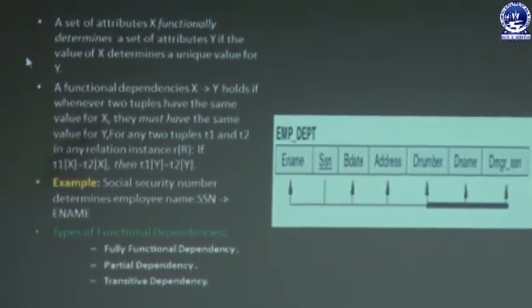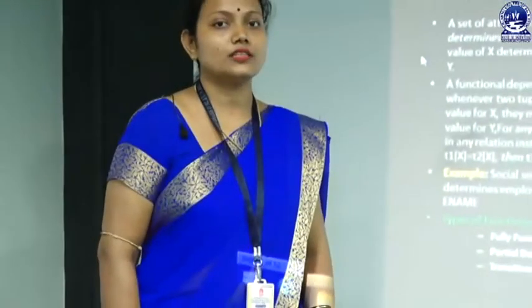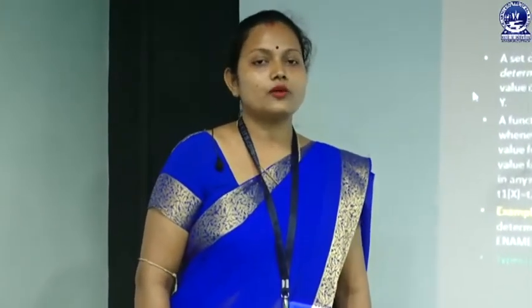Then we have to know what is normalization and what different keys are used in normalization. First we have to know the definition of normalization. Normalization is the process through which a relational schema goes through a series of tests to satisfy the normal form, right. And if the relation schemas do not satisfy the normal form, then we go for the decomposition of the relation schema, relation or table.